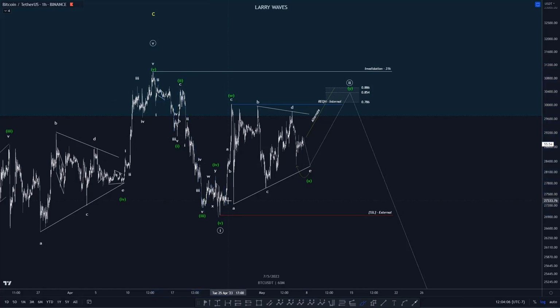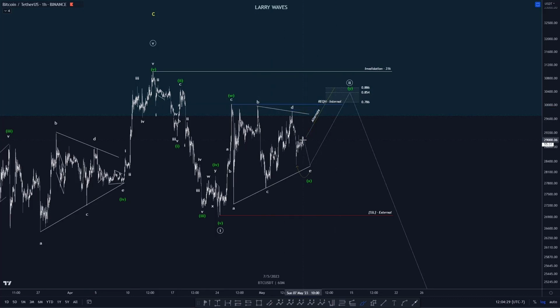We did impulse down for a 1, 2, 3, 4, 5. We came up a nice quick A, B, C right here. And then we've been contracting in a triangle for an A, B, C, D, E. Now, we can move the E over here if it happens to break structure and break this D leg, and especially this B leg.